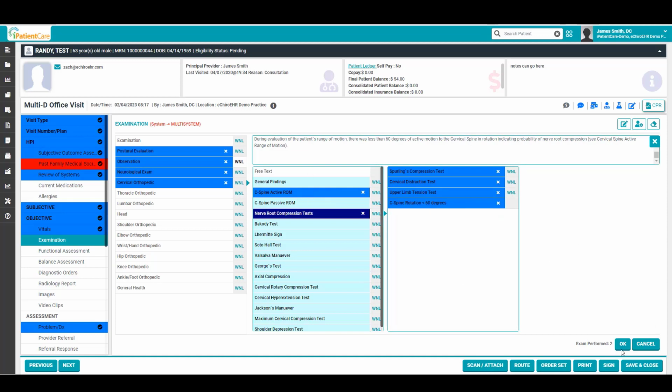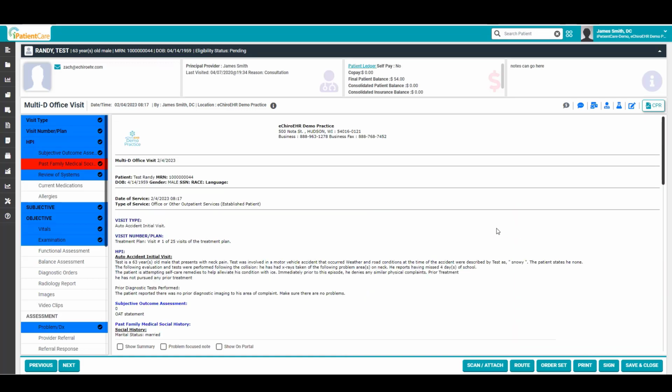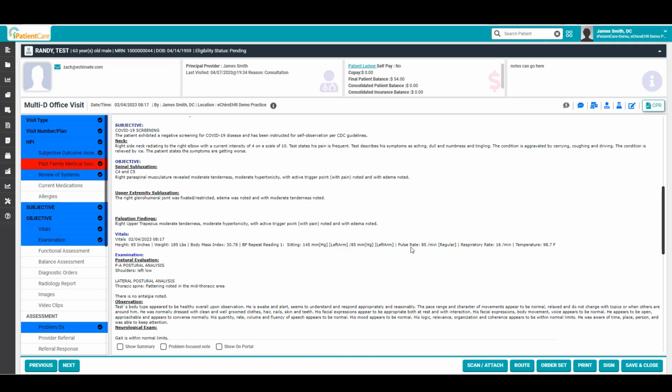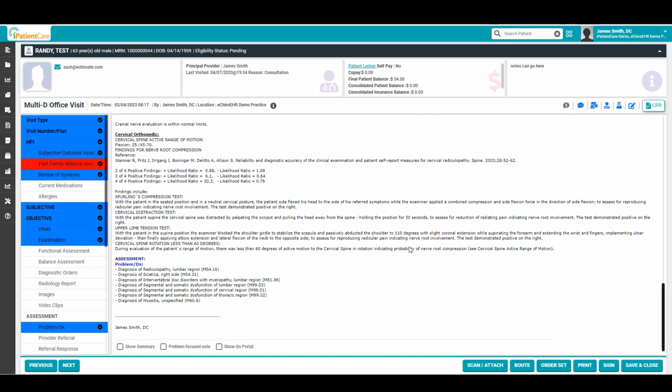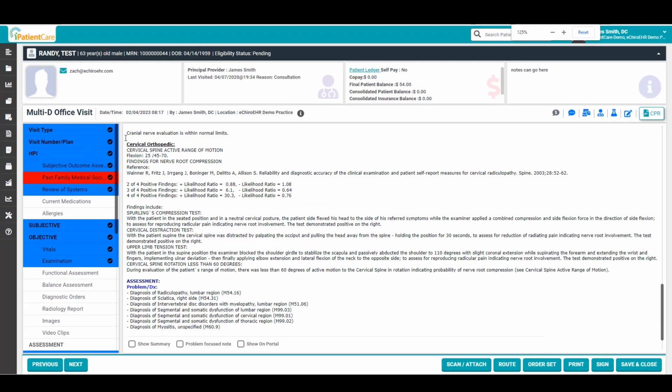Well, what does that tell us? Well, let's go ahead and take a look at the note to get a good feel for why this can be an important part of documenting your exam, especially as it relates to supporting your diagnosis and help you in clinical decision making. And so you'll see here under cervical orthopedic, we will go ahead and enlarge the screen.